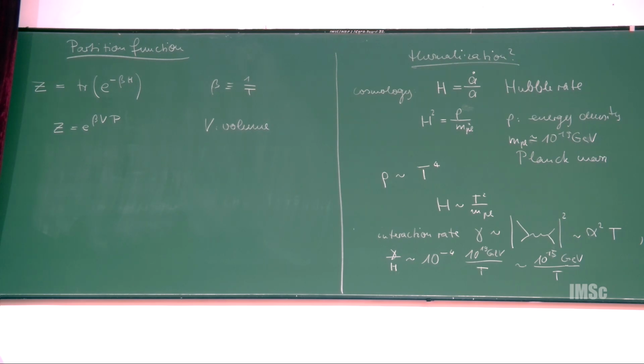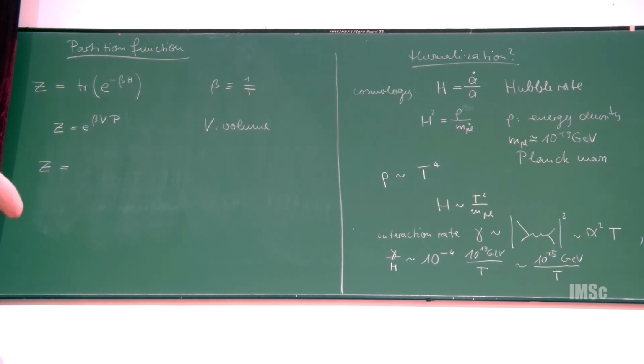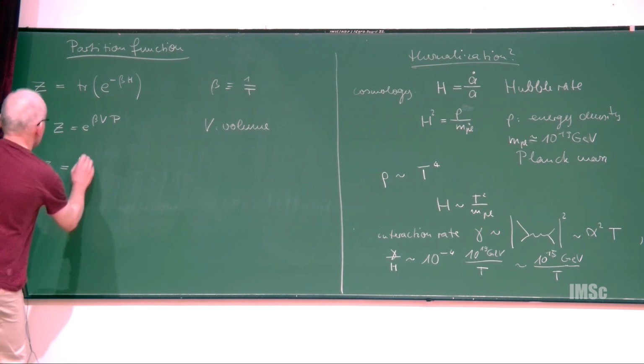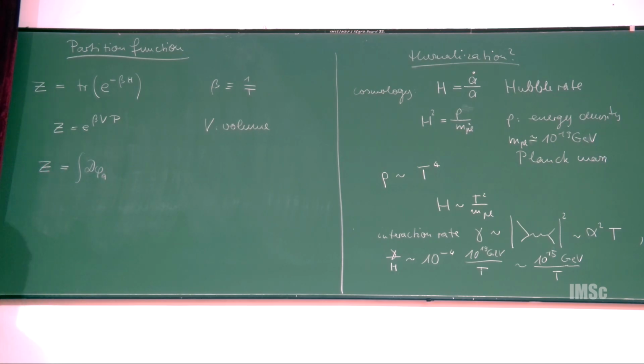Okay, and so we can write the Z as, and now we have to not just take a single field configuration, but we have to integrate over all of these field configurations. So we get an integral over phi a, where phi a is a field configuration in three-dimensional space.